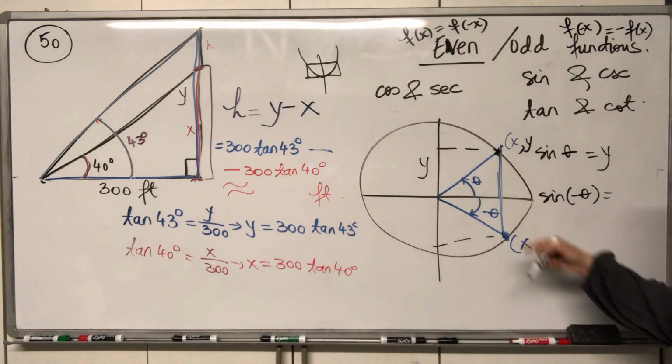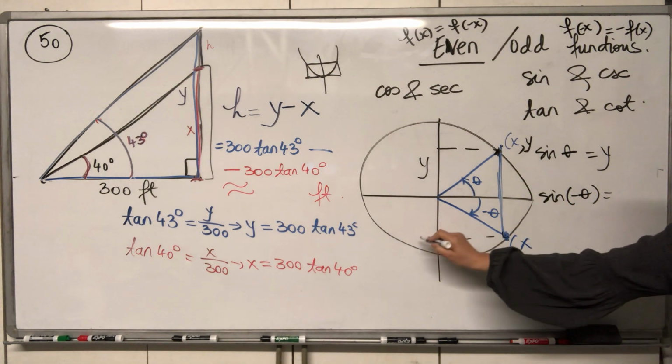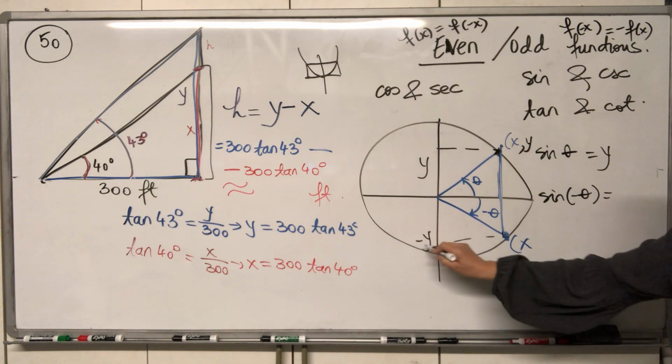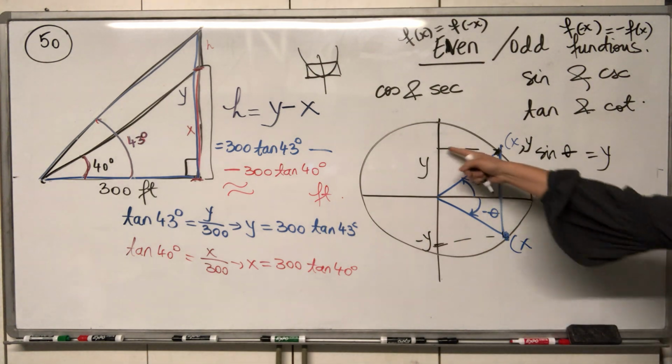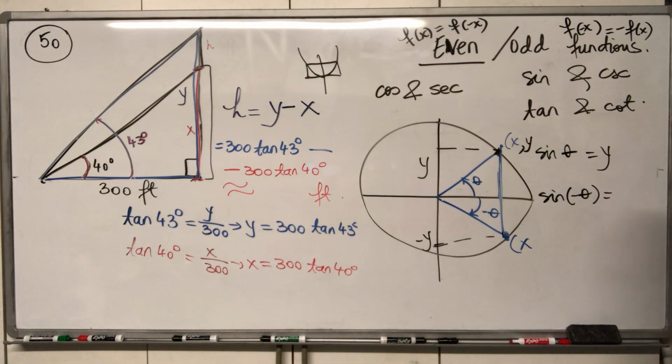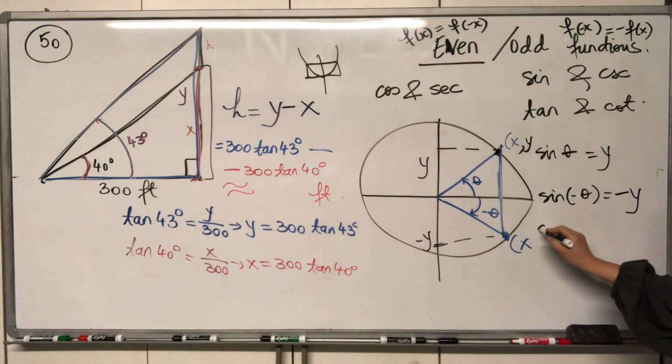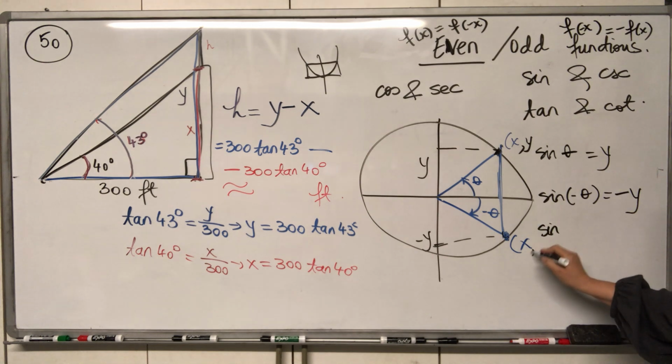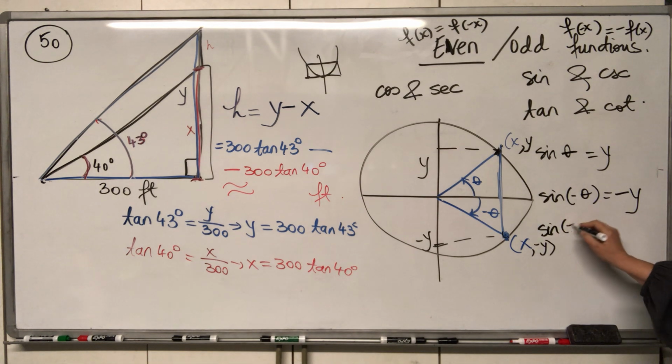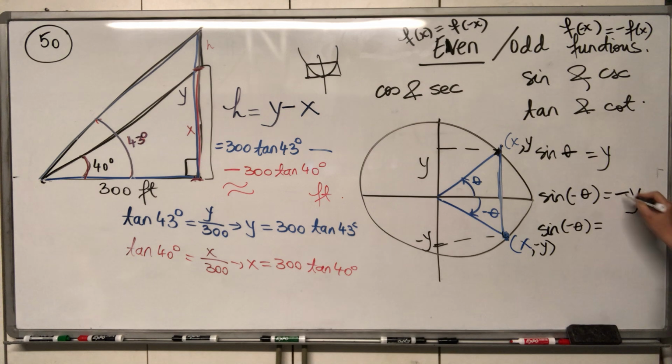No, because in the fourth quadrant, y is negative, yes. But it's not a different value. It's at the same distance, just in a negative direction. So sine of negative theta is negative y. So what did we find out? That sine of negative theta is the opposite of y, the opposite of sine of theta.